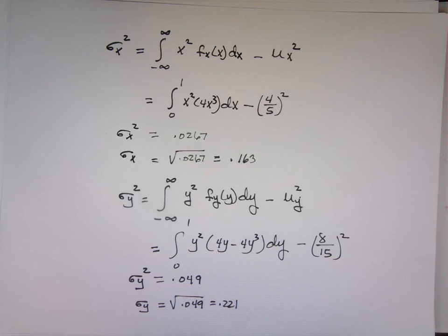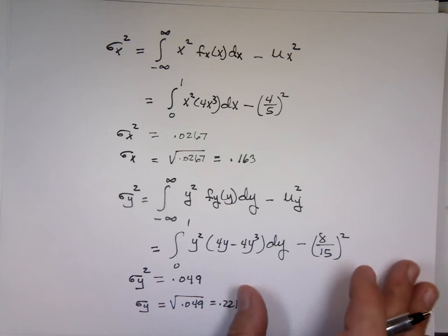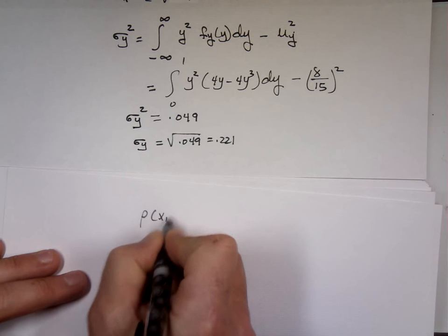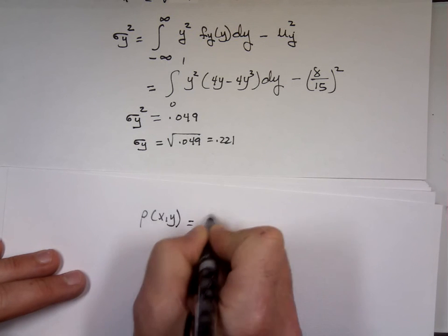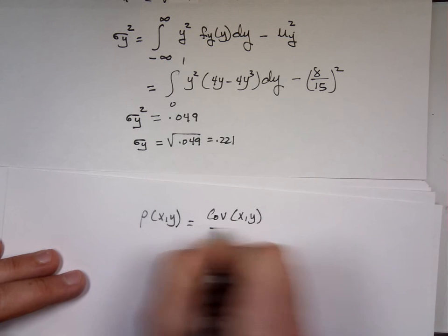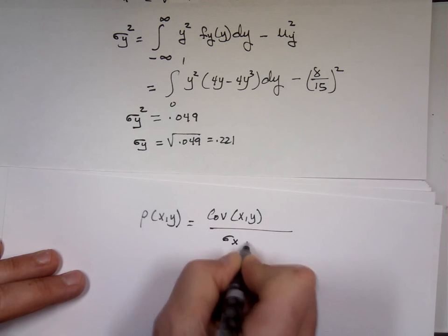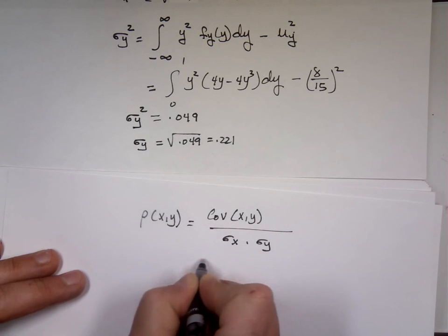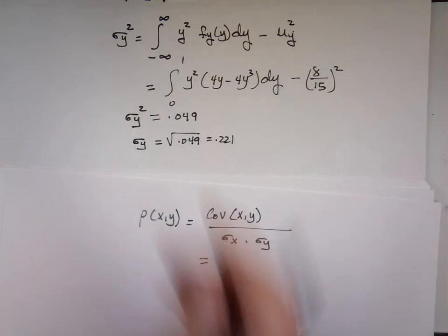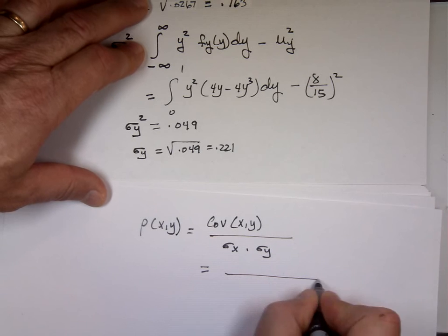What's the last step? Correlation. What is the correlation of x comma y? It's the covariance of x comma y over sigma x times sigma y. I have sigma x, sigma y right there on that page. Let me put them in while I have it in front of me.